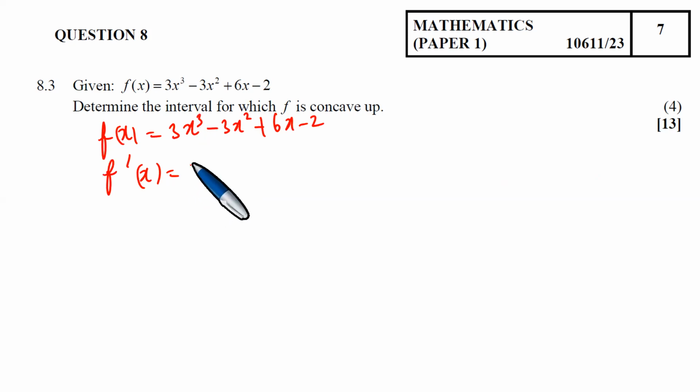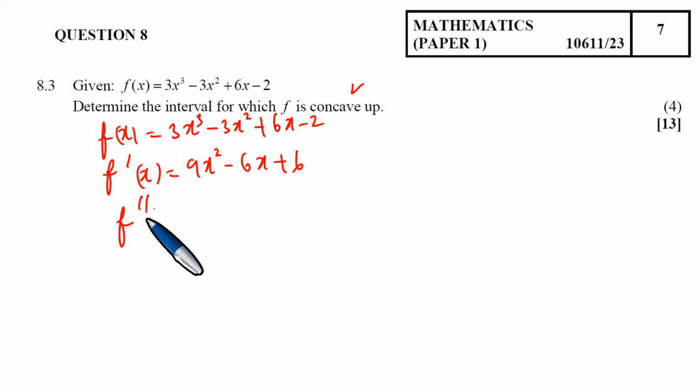What is 3 by 3? It is 9x squared minus 6x plus 6. Right, so when they say determine the interval for which f is concave up, we need to find the second derivative, which is exactly the same as 18x minus 6.